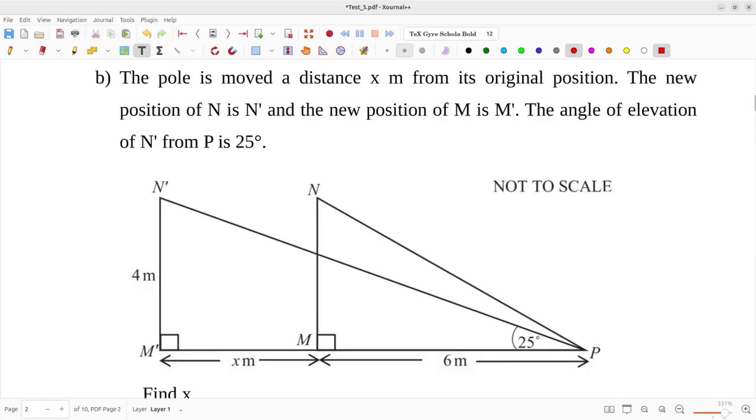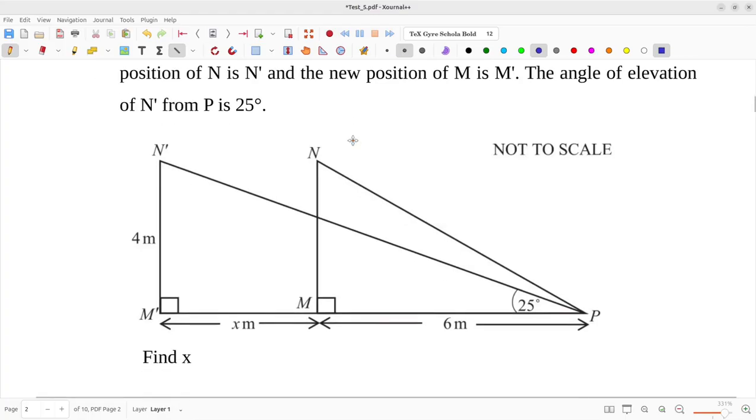Next question is now say the pole is moved a distance x meters from its original position. The new N is N prime and the new M is M prime.